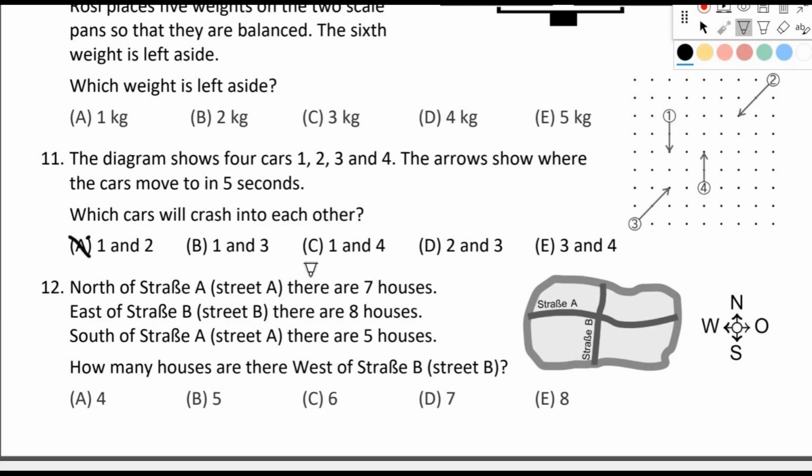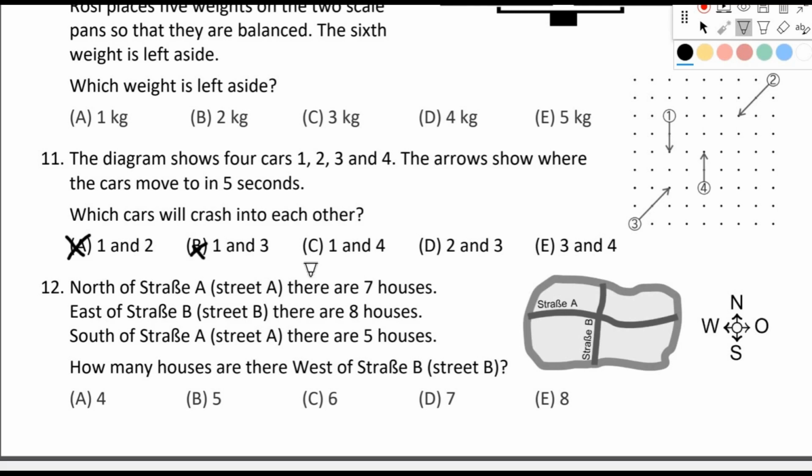So it's not 1 and 2. Cars 1 and 3 also will not crash, because in the next step car 1 will reach up to this and car 3 will reach up to this. That means they have already crossed each other. So it's not option 1, not option 2.